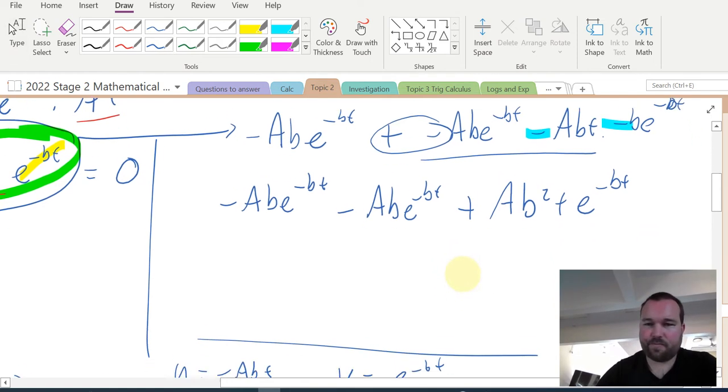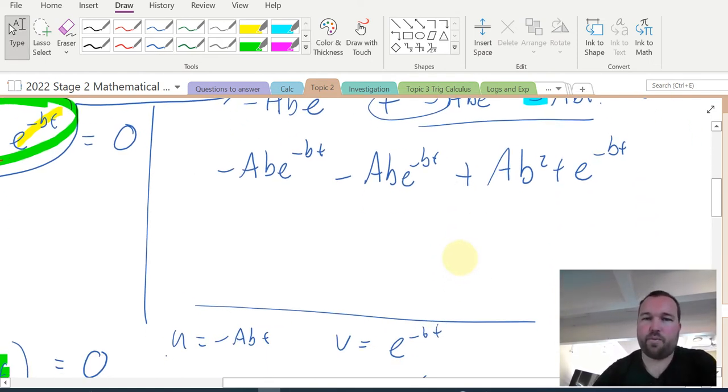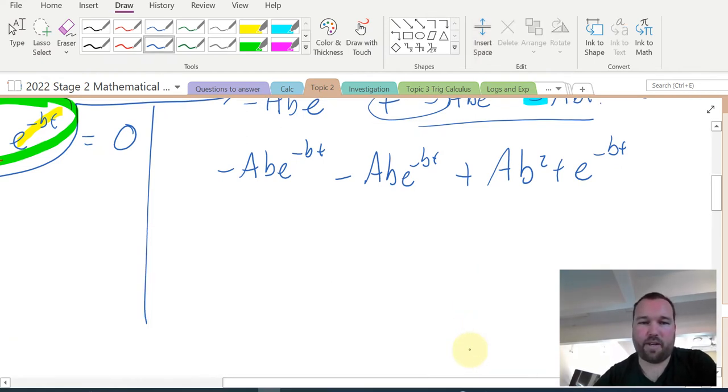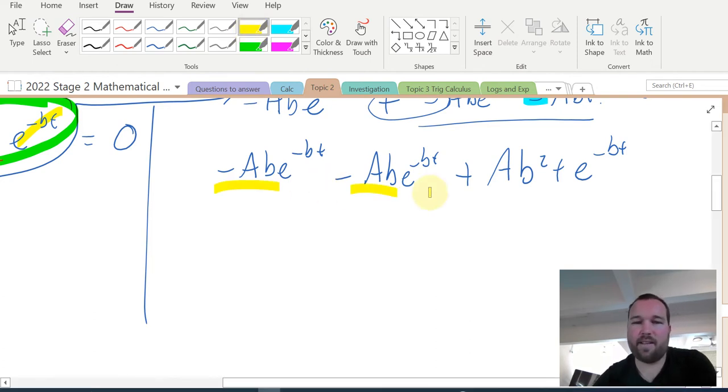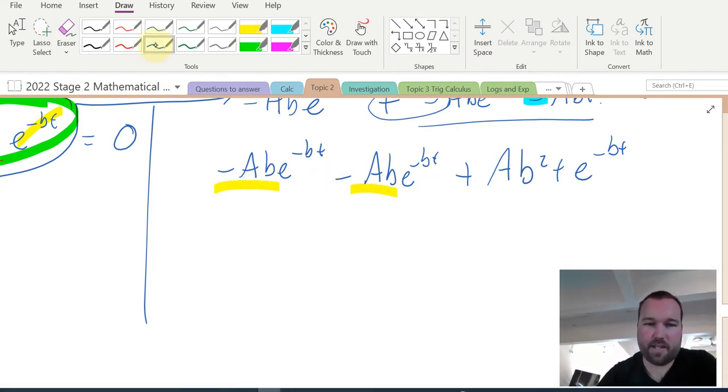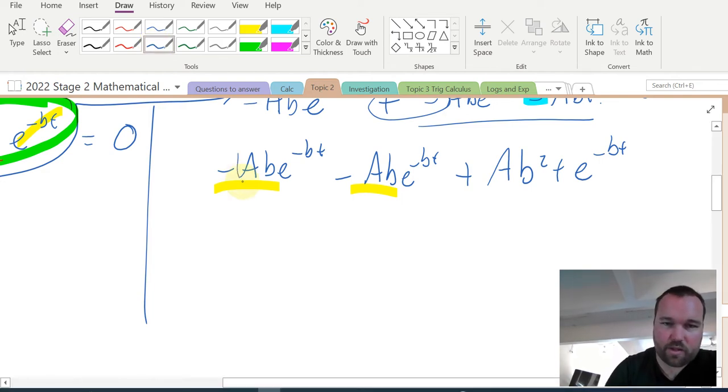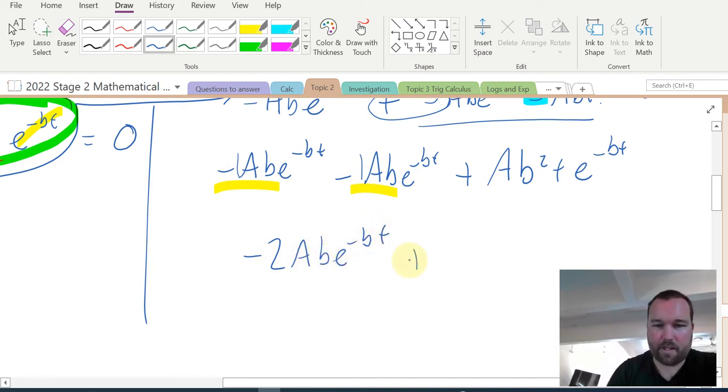All right, now same plan as before. We look to take out a common factor or simplify in any way we can. Interestingly, these two are exactly the same. Because they're the same, you can think of it as minus one lot of something and minus one lot of something. That's really minus two lots of a b e to the minus bt plus a b squared t e to the minus bt.